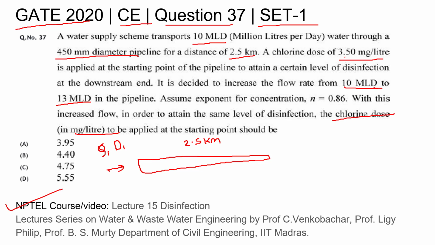So the current concentration is 3.5 mg per liter, which I will keep as C1. Now the discharge is Q2, the diameter is also the same, so D2 is the same, and the concentration is C2, which he is asking for.